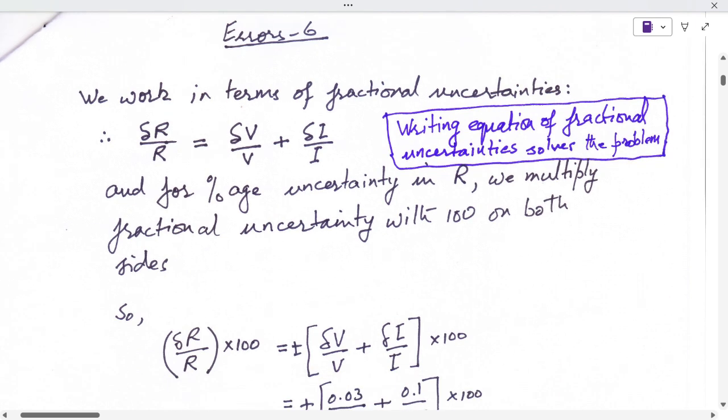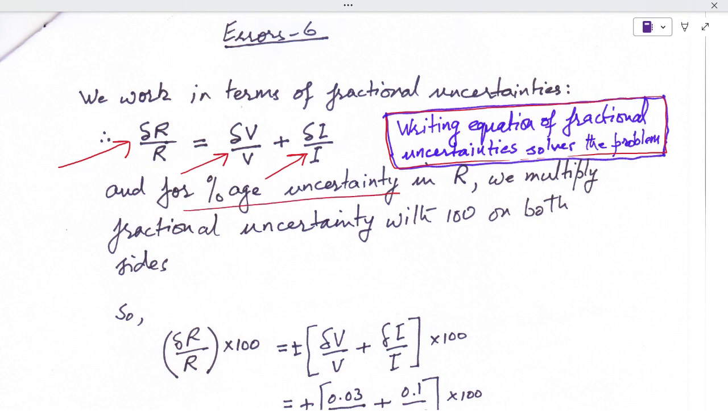Remember that in uncertainty questions, you should always go for the equation in which the fractional uncertainties are equated. Here the fractional uncertainty in R will be delta R over R, and fractional uncertainty in voltage will be delta V over V, and so will be delta I over I. And for percentage uncertainty, we have to multiply the fractional uncertainty totaled up and multiplied by 100.